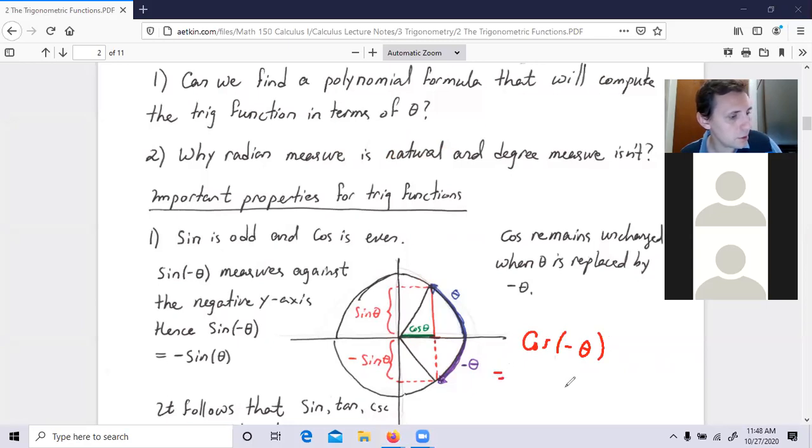What is this in terms of cosine theta? Remains the same. Yeah, so that remains the same. You can see that here. Open the angle counterclockwise or clockwise, you are left with the same shadow. You understand?